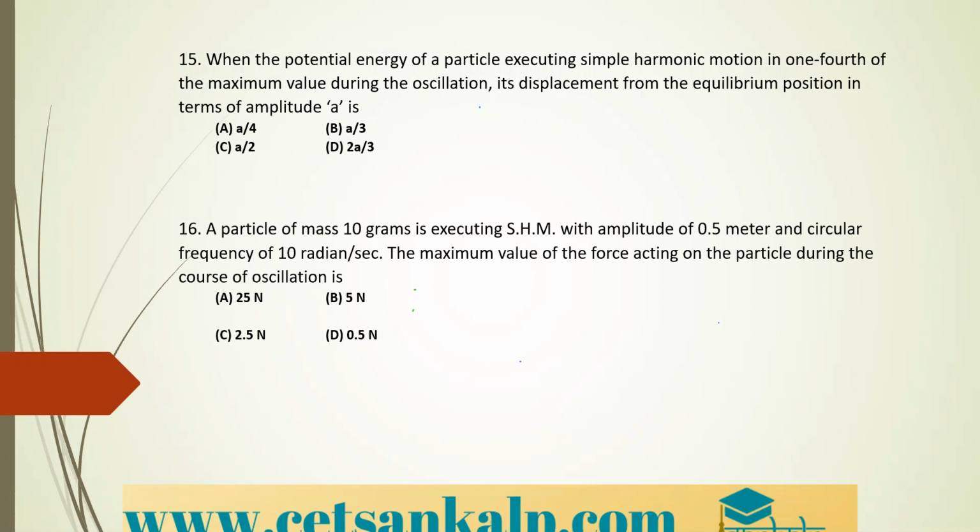See here, a particle is executing simple harmonic motion, so this part is important, in 1/4 of the maximum value during the oscillation. Okay, its displacement from the equilibrium position in terms of amplitude we need to express.